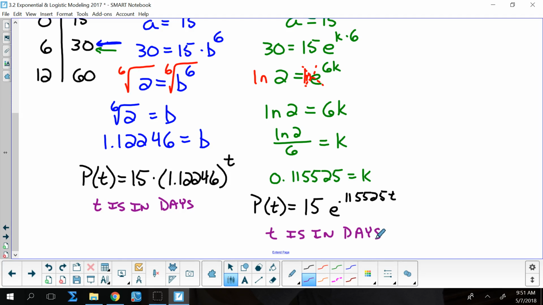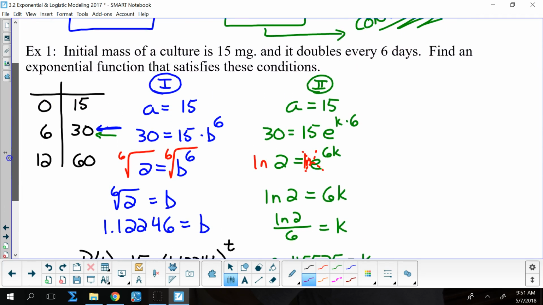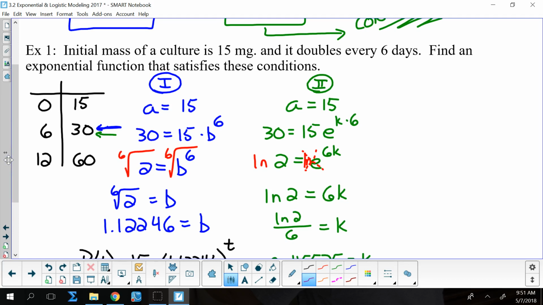Now, there is one other way to do this that I don't recommend, but I will show you right now. That third way is, because it doubles every 6 days, I can have a b value of 2, because that would be a doubling value. And then my t would be in 6-day increments.